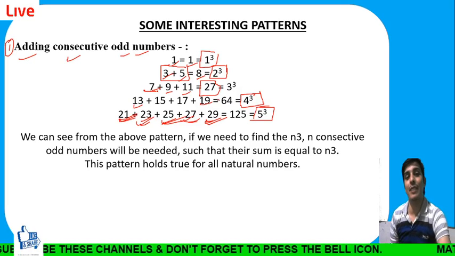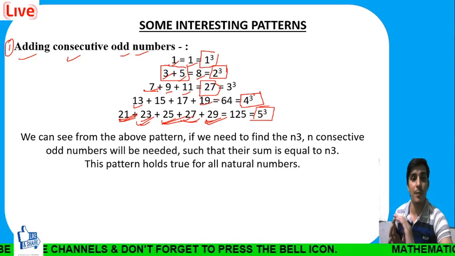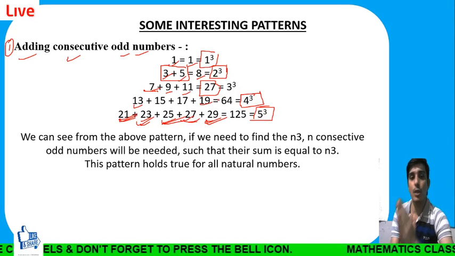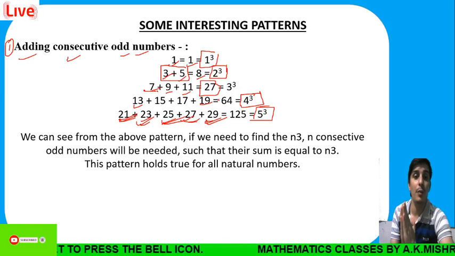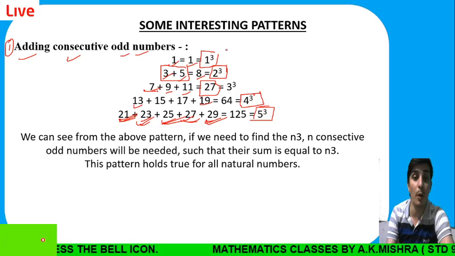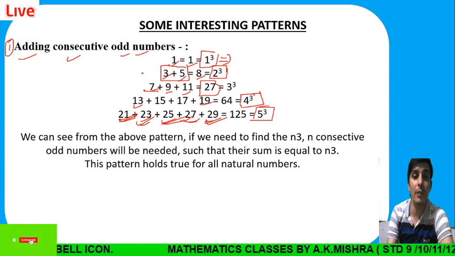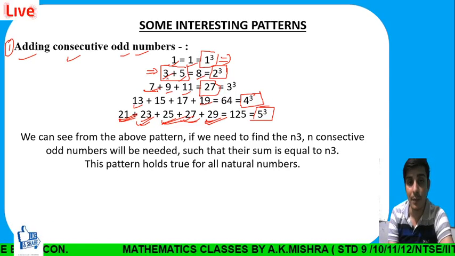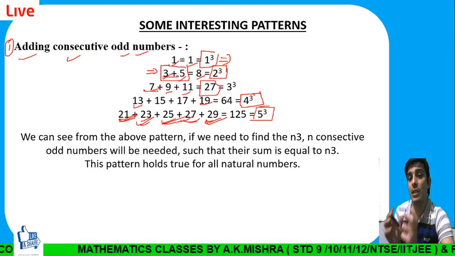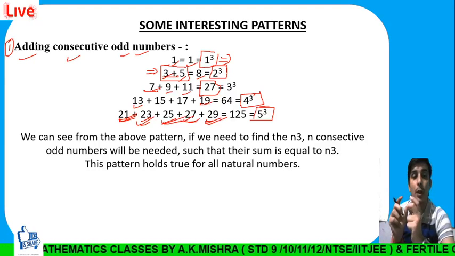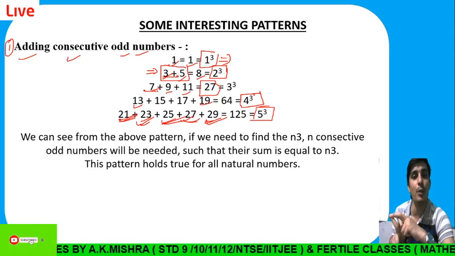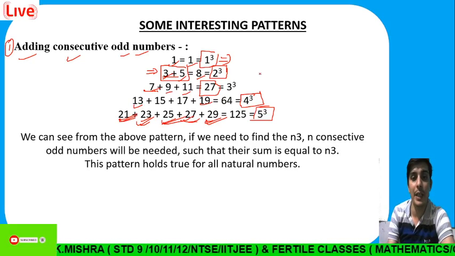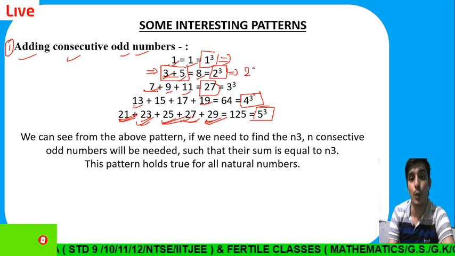So when we take one odd number, we get the cube of 1. When we take two consecutive odd numbers and find their sum, we get the cube of 2.